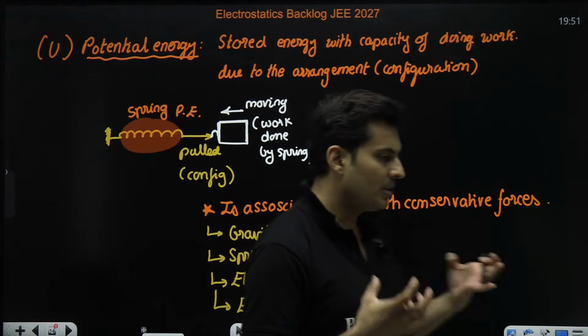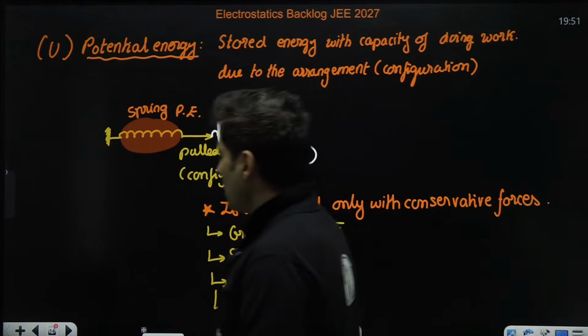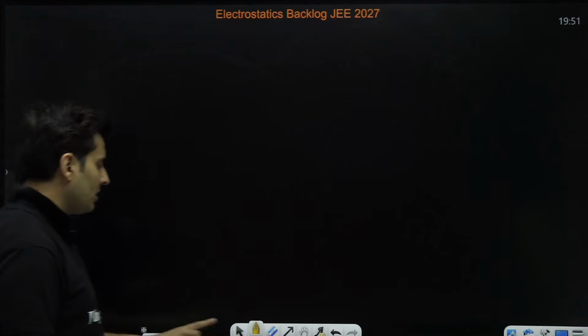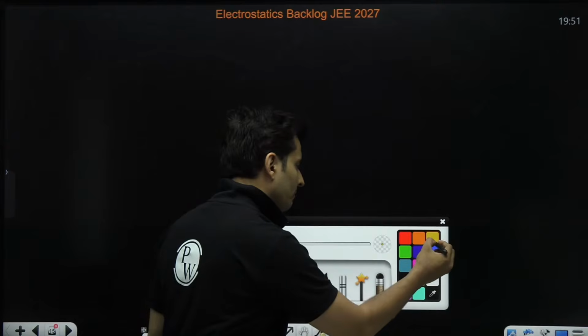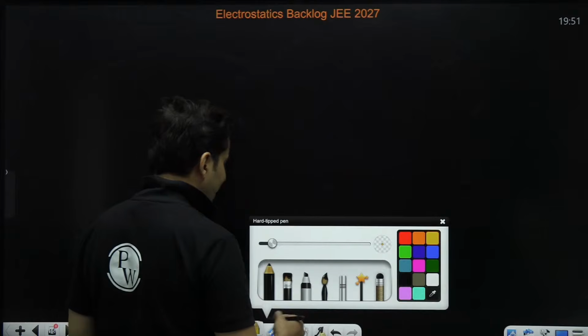Why this concept of potential energy has come. Amazing. Now that we understand what potential energy is, let's also understand what it wants to do. So let's take an example.